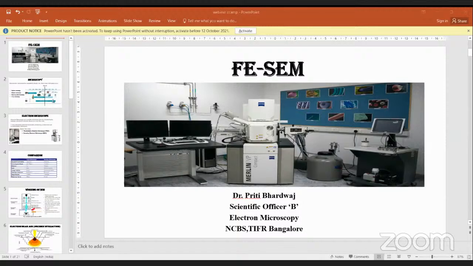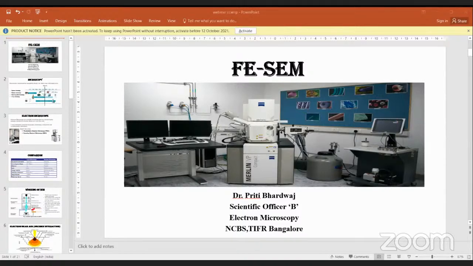Now, the working of the SEM, the scanning electron microscope, is the same as the light microscope, with a condenser lens, objective lens, sample holder and all those things. But it is divided into four subparts: first is the electron gun, second the illuminating system, third the scanning system, and fourth the detector chamber.